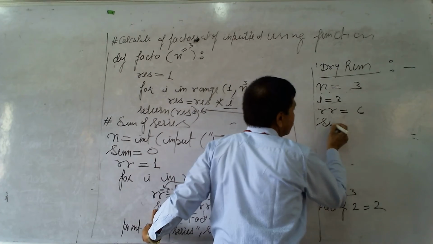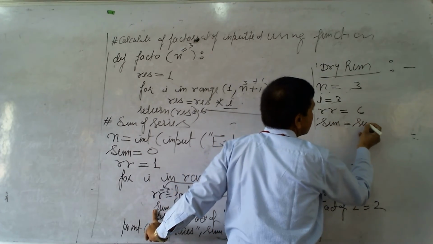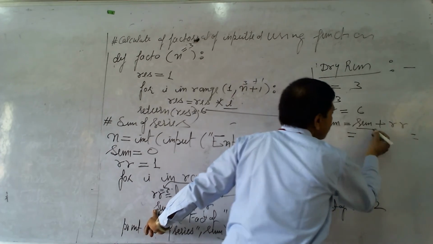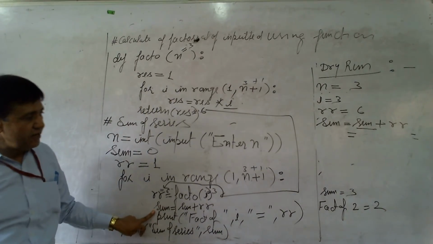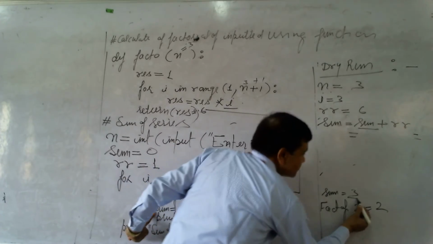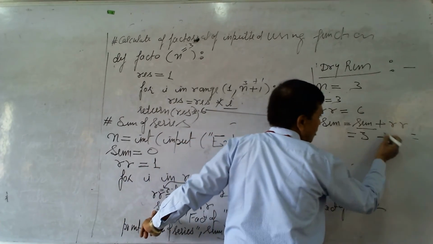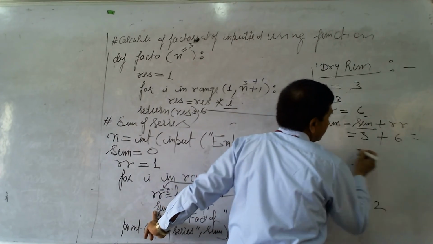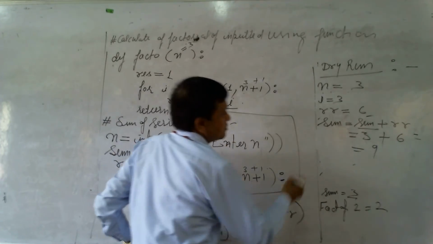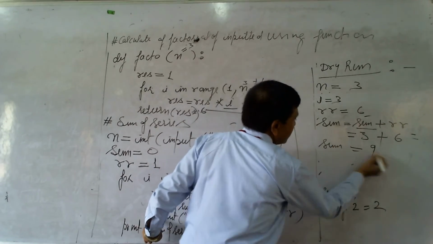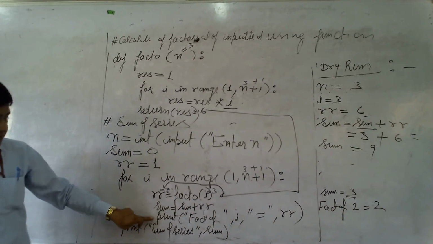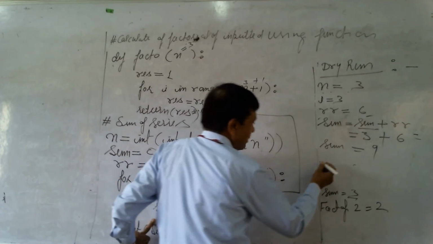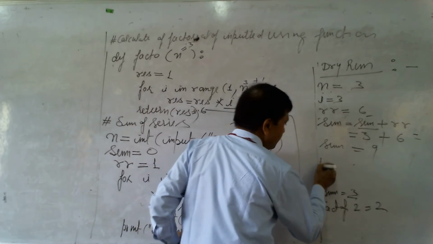This is sum equal to sum plus RR. See, what is the previous value of sum? As we have already calculated, this is 3, and what is the value of RR? This is 6, this is 9. So sum is 9.